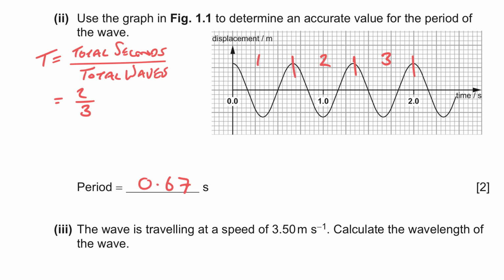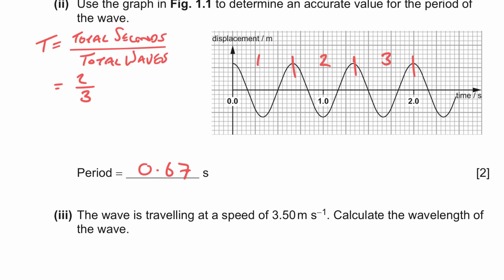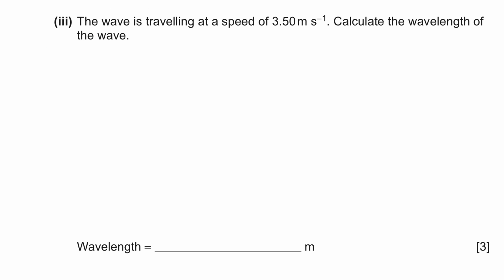Okay, part 3. The wave is travelling at a speed of 3.50 meters per second. Calculate the wavelength of the wave. Okay, so we've got a period and we've got the idea of a speed here. So we can get a wavelength by converting that period into a frequency and then using v = fλ.